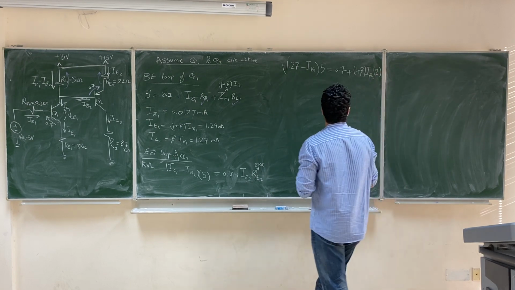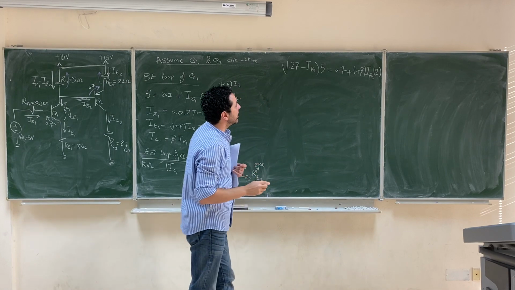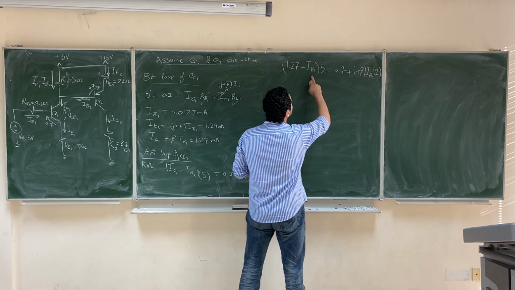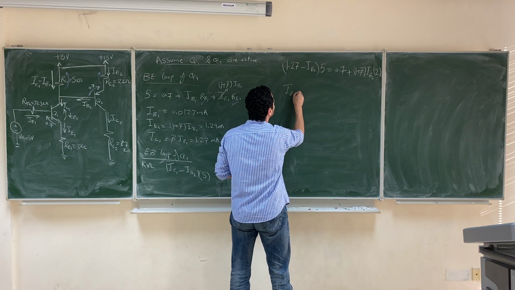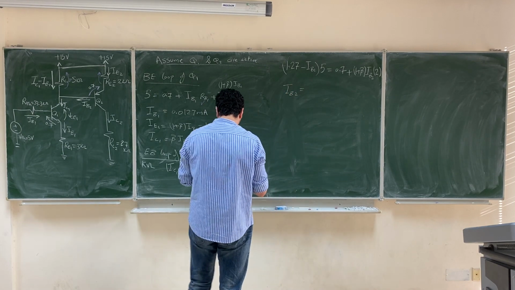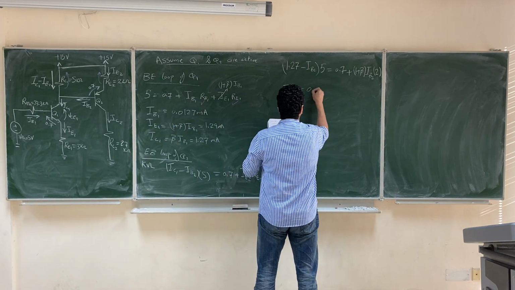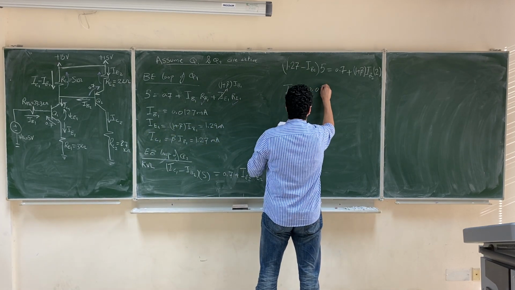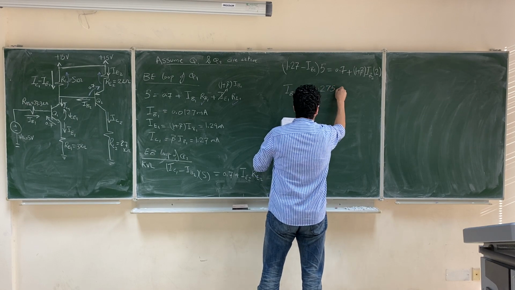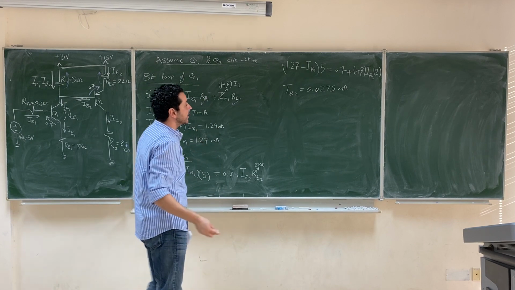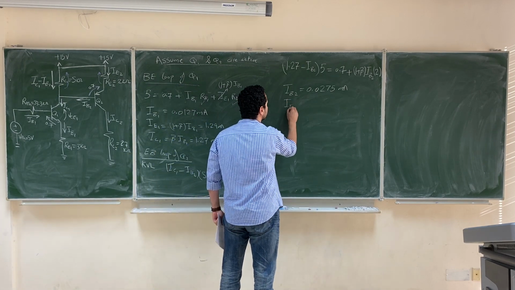So now this is another equation in I base 2. Everything is known, beta is 100, and the only unknown here is I base 2, so you can calculate I base 2 from this equation, and it will turn out to be 0.0275 milliampere.